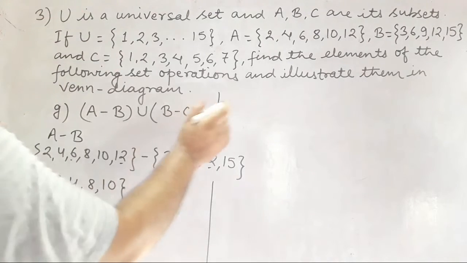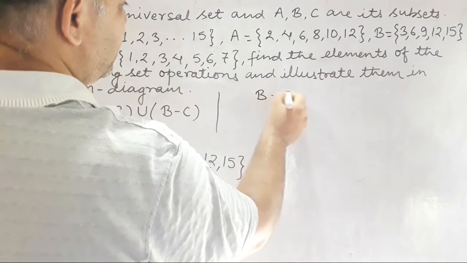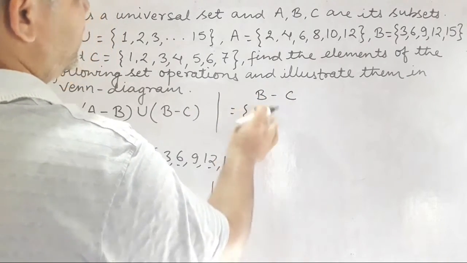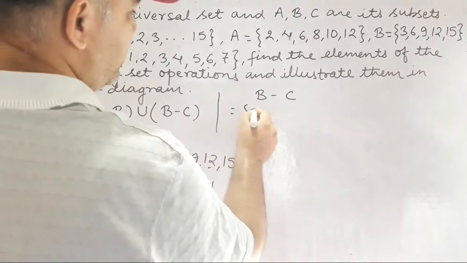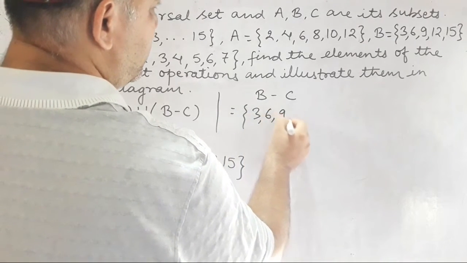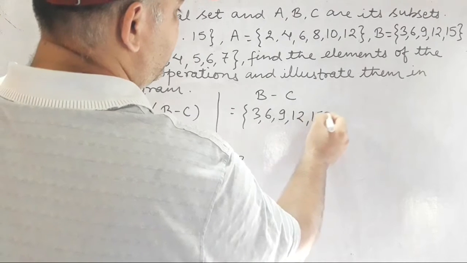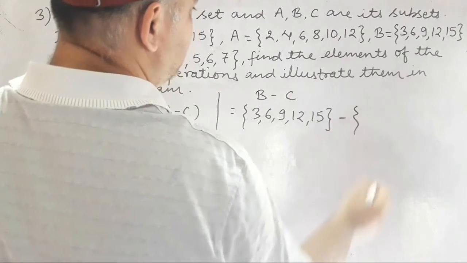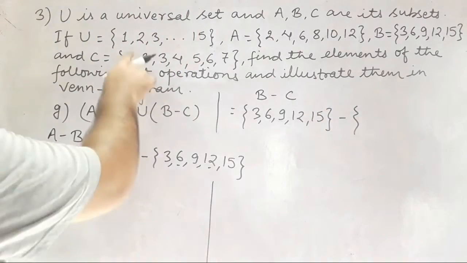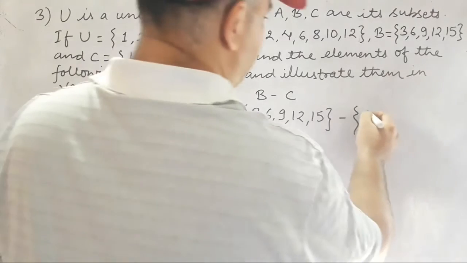Now let's see B minus C. The operation of B minus C equals the elements of set B, 3, 6, 9, 12, 15, minus the elements of set C, 1, 2, 3, 4, 5, 6, 7.